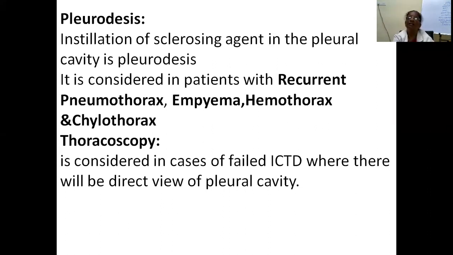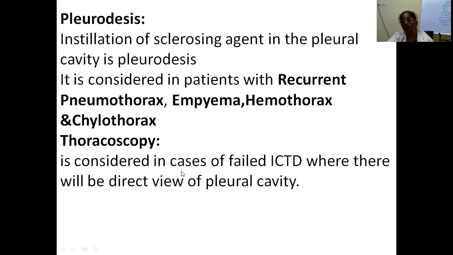That abolishes the pleural cavity. That is called pleurodesis. This is considered in some recurrent cases of pneumothorax, empyema, and as I told you, chylothorax. And sometimes in hemothorax, if the cause is not trauma, we should think of it. If the cause is malignancy, we should go for pleurodesis.